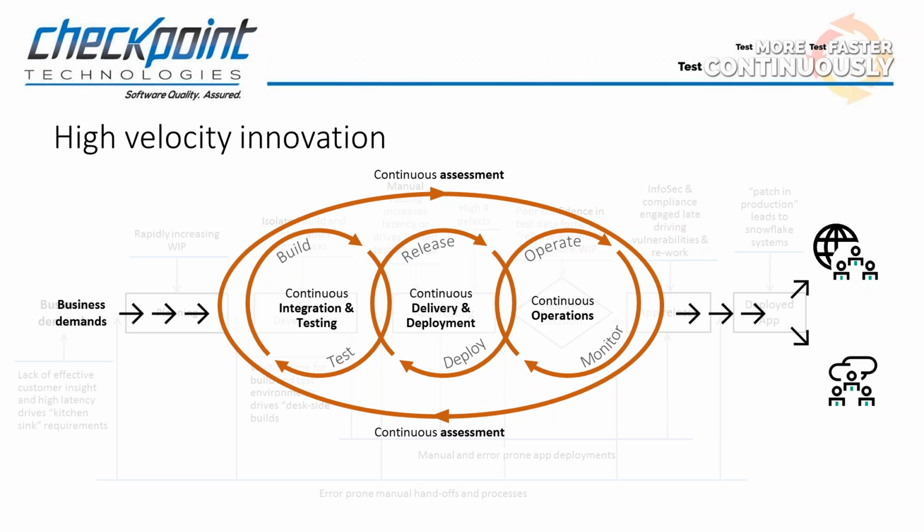Let's take all those pieces, move it to a cyclical process, and create a continuous integration and testing environment. And wrapped around that is continuous assessment. So assessing your process, reporting back, and getting better feedback will help your organization produce more robust applications faster.